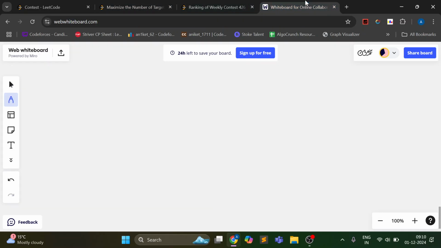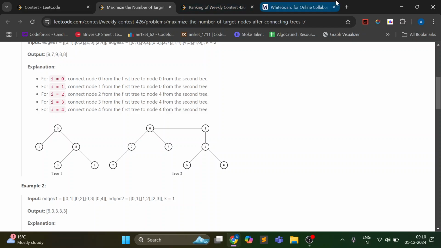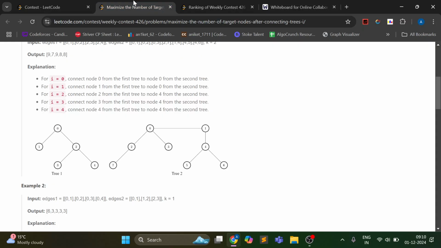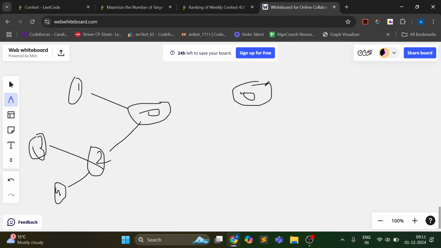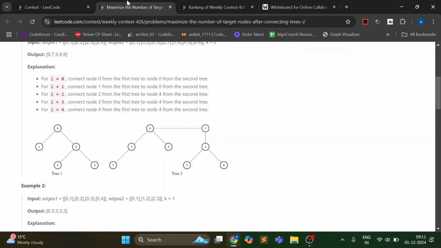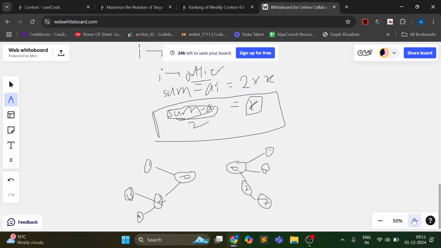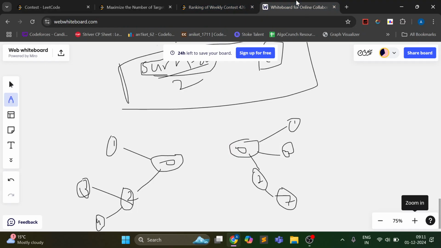So let's try to draw this tree. 0, 1, 4, 5, 6.